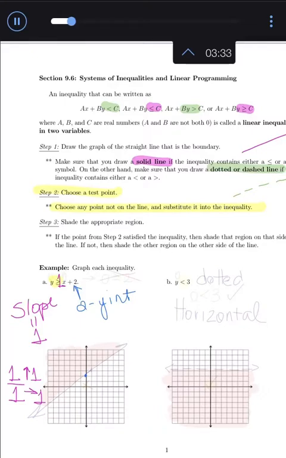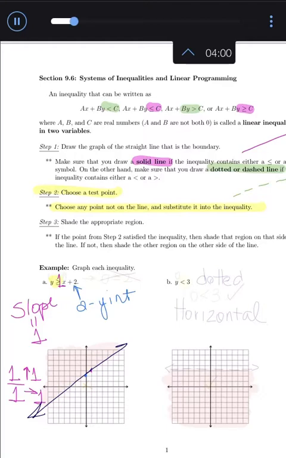So if we go up 1 and right 1 from our y-intercept, that blue point will be over here. Then we're just going to play connect the dots and draw our solid line through our points. And we've done half of the problem at this point. Now we just have to figure out which side of the graph to actually shade.